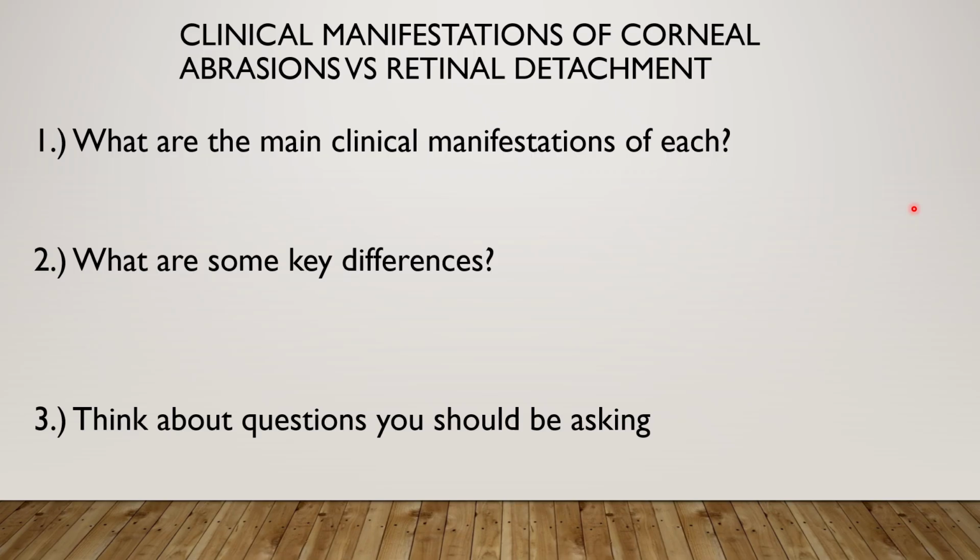Retinal detachment is painless, with sudden onset of floaters, flashes of light, and a curtain-like shadow. Retinal detachment is urgent and needs surgical intervention. So think about some questions you would ask this patient based on the cues they're giving you, before we get into our assessment.